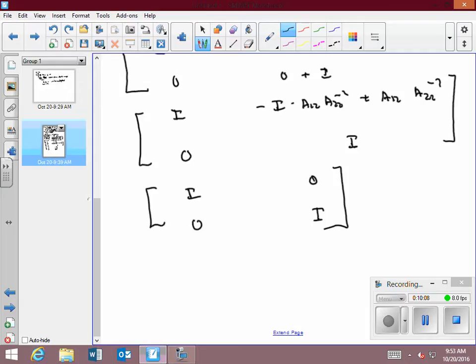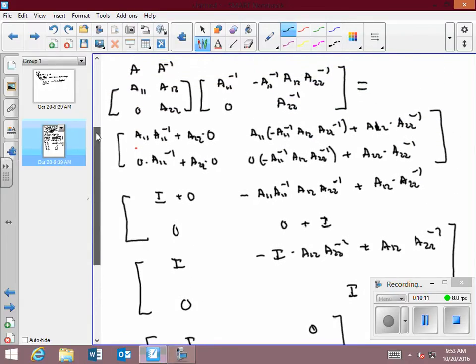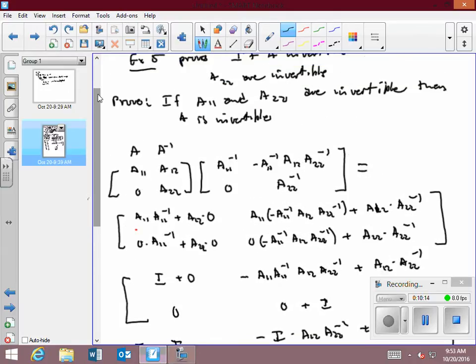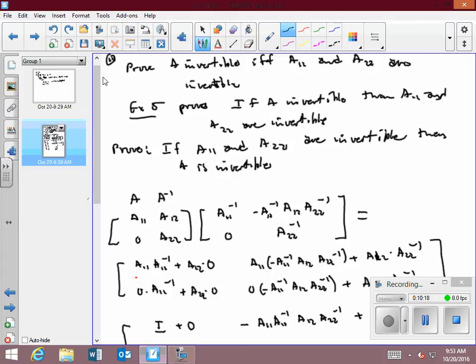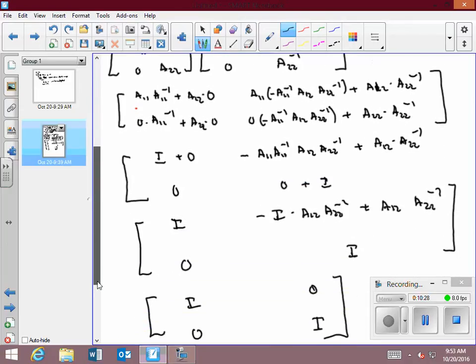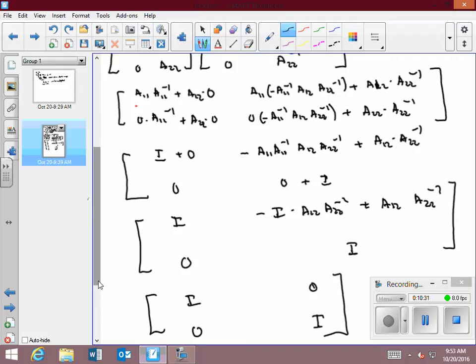And that is showing that if A11 and A22 are invertible, I use that fact to get this I right here, because A11 is invertible, and to get this one down here at the bottom.